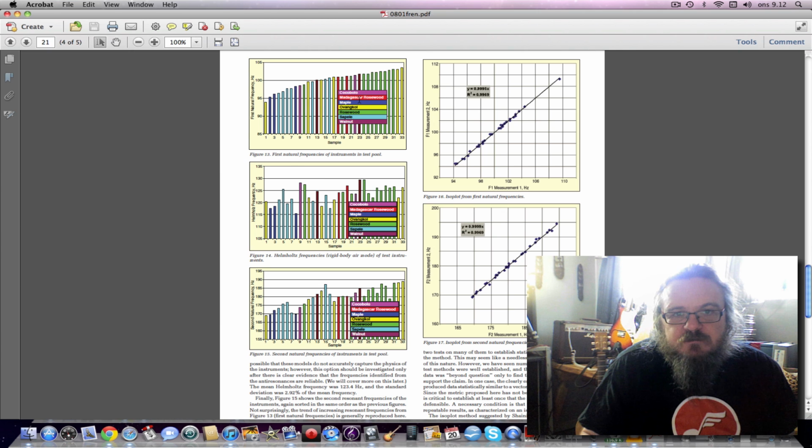The first natural frequency, you can see here, Madagascar Rosewood is in red, and they had two of those guitars, samples 18 and 20, and they had a first natural frequency response of about 101 hertz, and about 102 hertz.